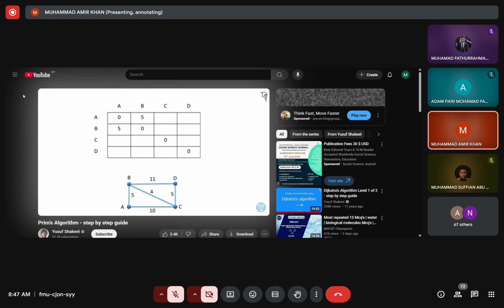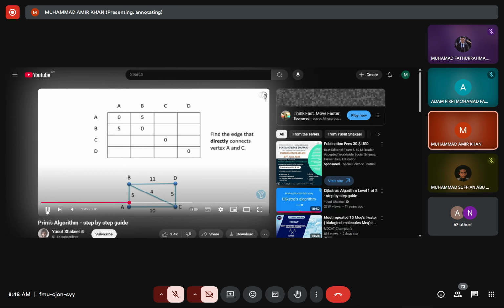So understand? What have we done? We just wrote 0 in the same row and same column name: AA, BB, CC, DD. And then we start from A to B. So for AB, we write the weight number in the table. Cells AB and BA are the same, because both will be filled with 5.